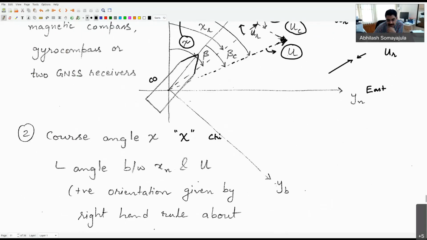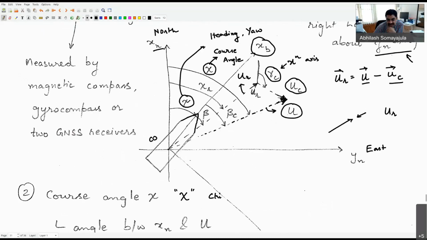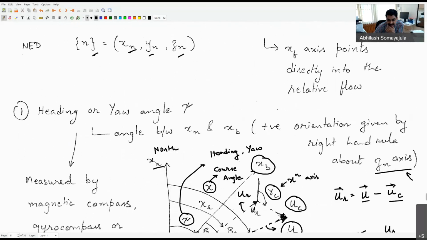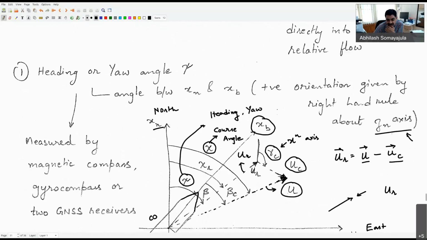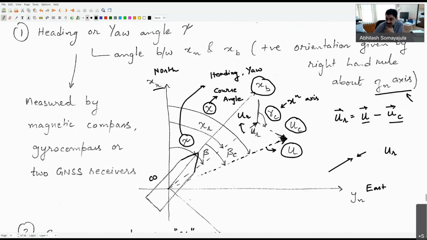Whenever the craft has a non-zero speed, only then can we define the angle, because if it has a zero velocity vector, we don't have a velocity vector to define the course angle with. But unlike that, the heading angle is defined whether the craft has zero velocity or a positive velocity.